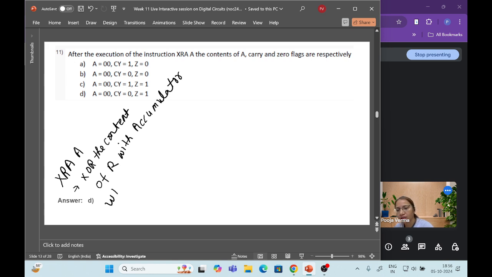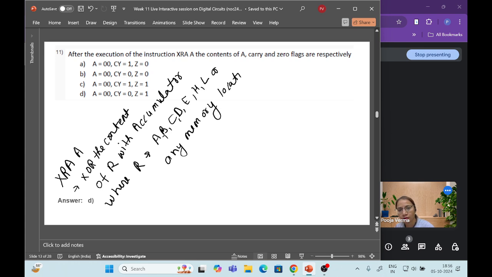where R is any register, that is A, B, C, D, any register or any memory location. Okay. So initially, already we know that all the content in the accumulator will be 0 0, or any other location also. That means 0 0 0 0 0 0, right?